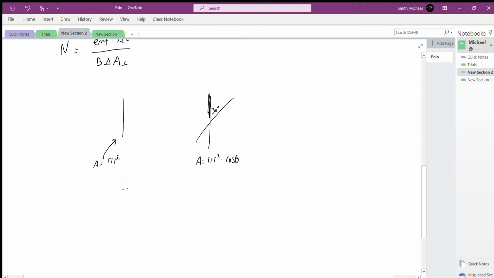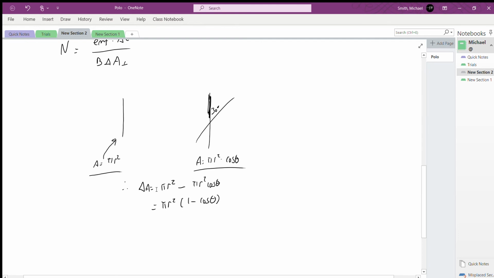Therefore, the magnitude of the change in area is going to be pi r squared, take the initial area, take the final area, pi r squared cos theta. Or if you want to simplify that a little bit, we can write that as pi r squared (1 take cos theta).